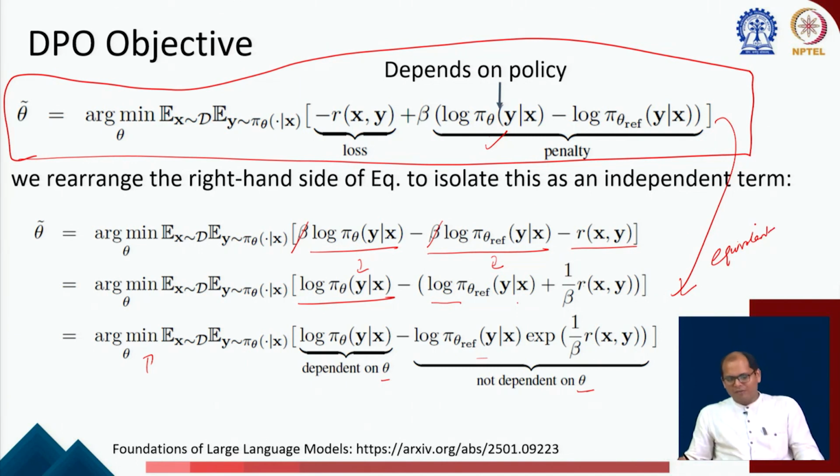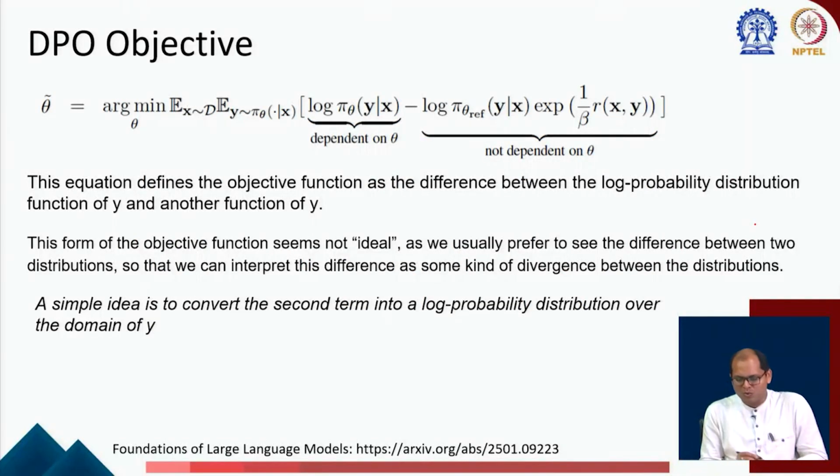Now, if you look closely, what is this equation doing? This objective function is a difference between the log of the conditional probability distribution of y given x, and the log of another function of y.